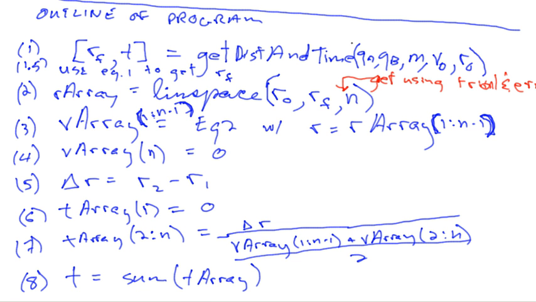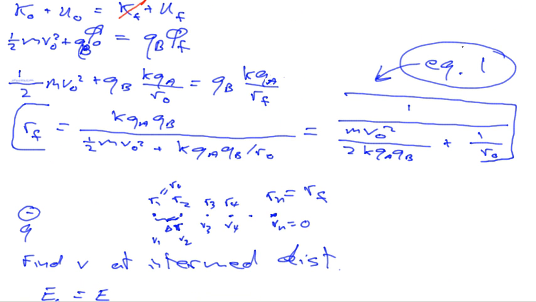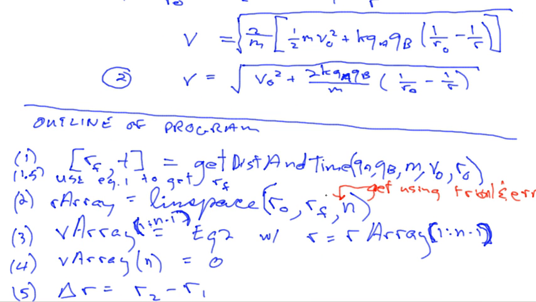So I guess I thought I had done that. Yeah, there's equation 1. RF is equal to, and this is all given stuff: the mass of particle B, the initial velocity of particle B. K is a known constant, so I have to actually tell the program.